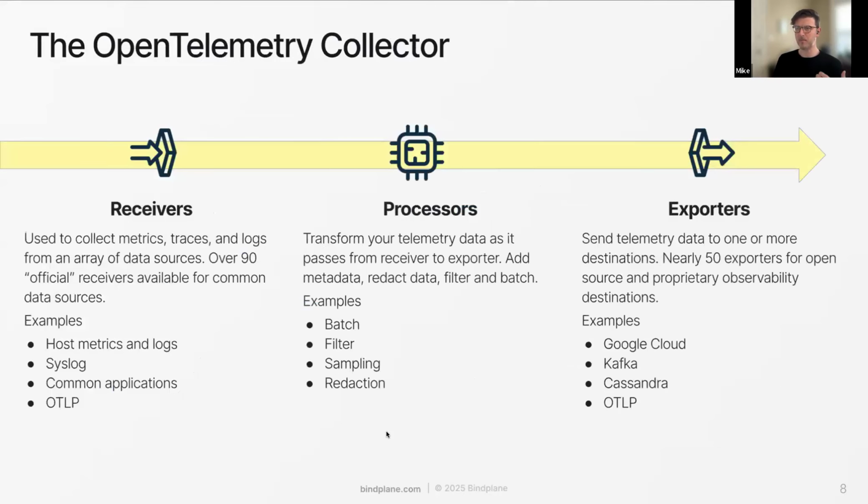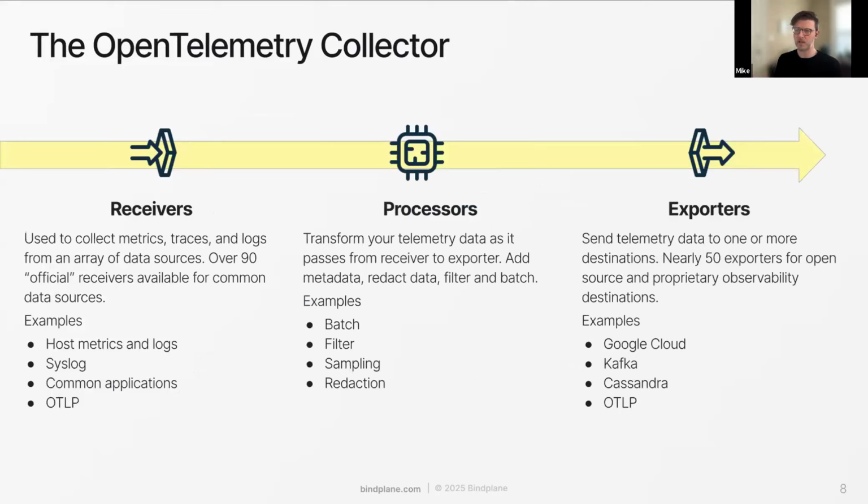And so we'll talk about how to get there and start with the OpenTelemetry Collector, which is, like I said, the building block. When we look at the collector, there are a lot of components to it, but the key components to understand are receivers, processors, and exporters. Receivers let you collect metrics, traces, and logs.